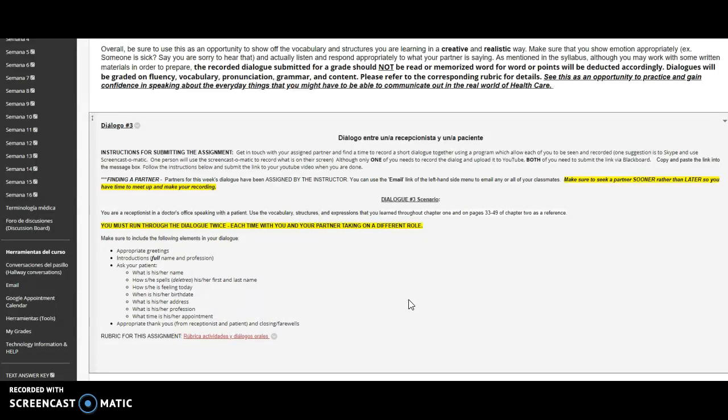Make sure you have appropriate greetings, introductions, full name and profession. Ask the patient what his or her name is, how to spell his or her first name and last name, apellido. Find out how he or she is feeling today. Ask him or her for his birth date.